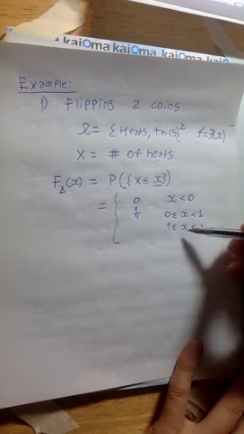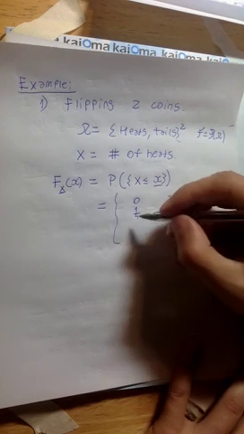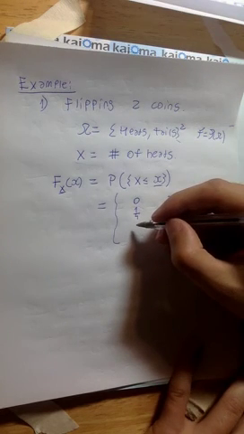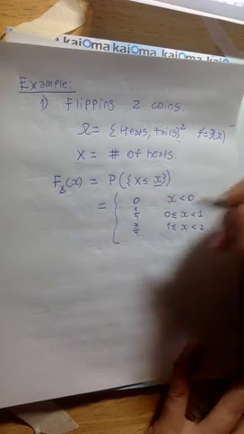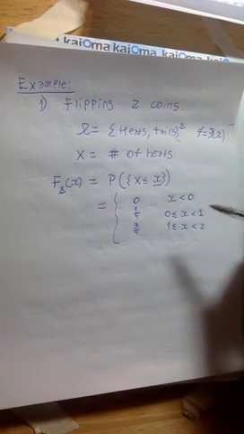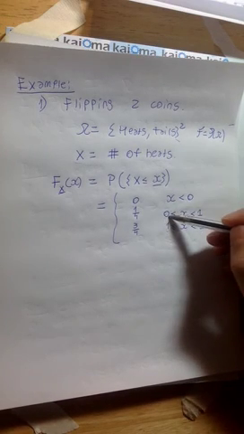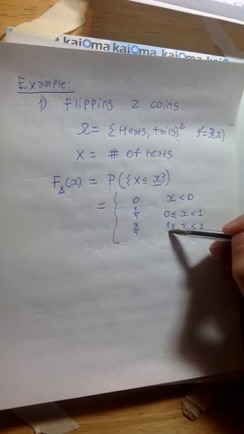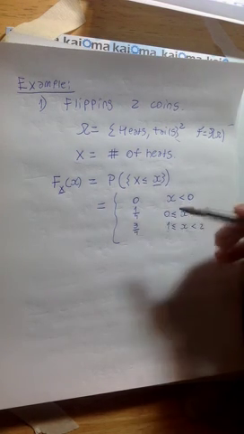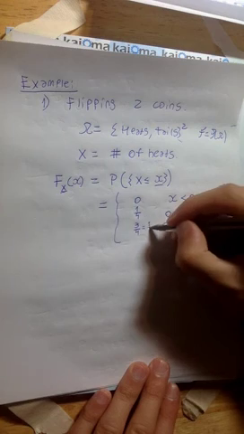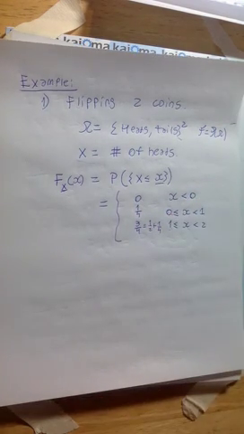This would be equal to 3/4, because this would be the probability of getting 1 head or getting 0 heads. The probability of getting 1 head is 1/2, and the probability of getting 0 heads is 1/4. Summing 1/2 plus 1/4, we get 3/4.